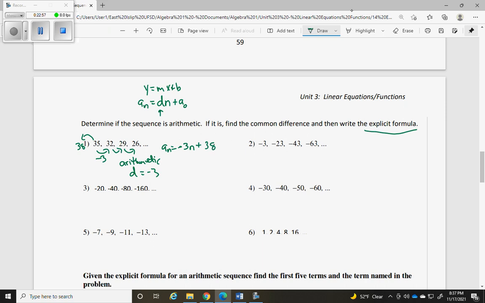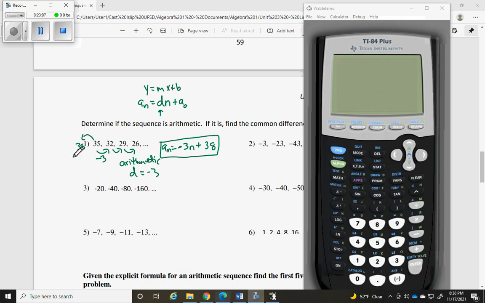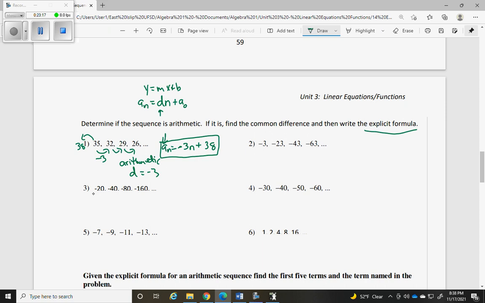Now, if you're not sure if you wrote a good formula, we can use our graphing calculators to test it out. Take a look at this. On your graphing calculator, you know that we can enter things into that y equals button. I know that this doesn't say y equals, but I keep on telling you it is like y equals, right?